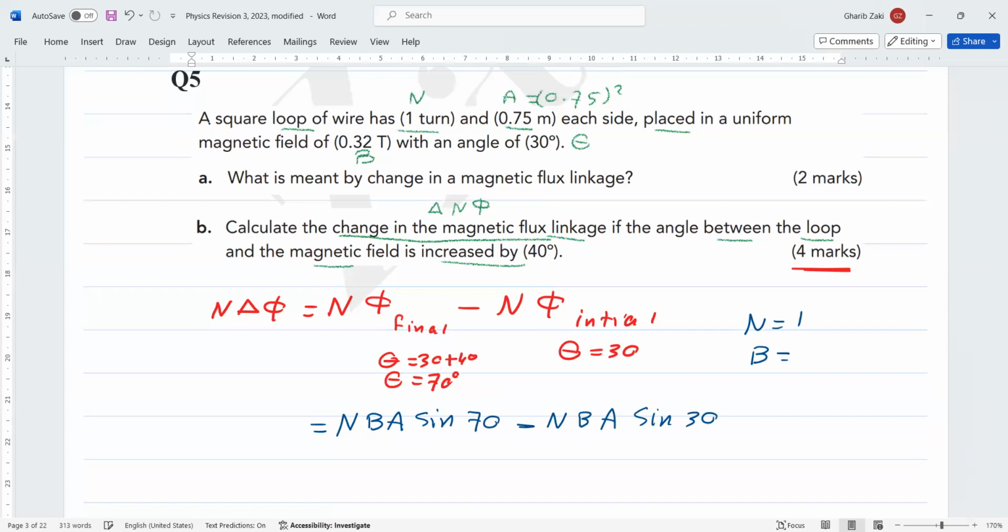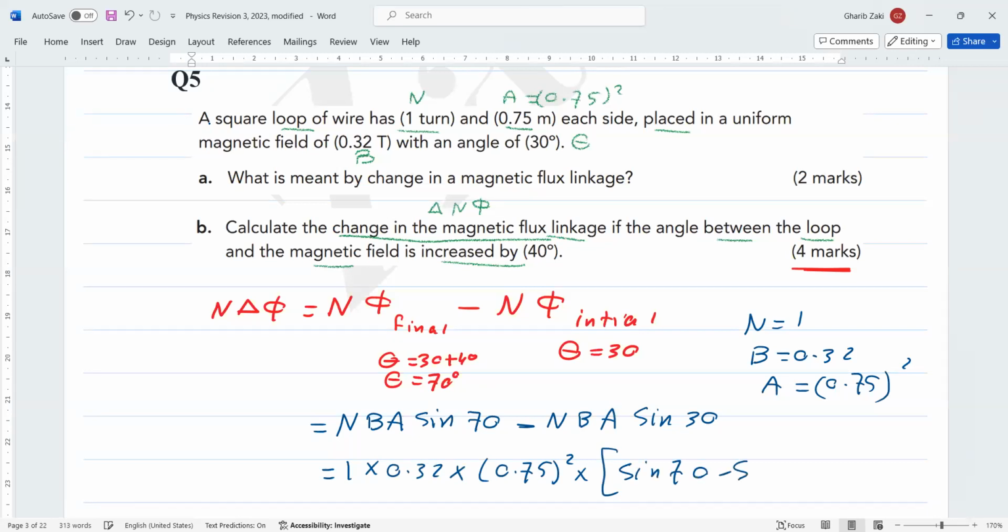What is B? 0.32. What is the area? 0.75 squared. We can take N B A as a common factor. Then it's 1 multiply 0.32 multiply the area 0.75 squared multiply open bracket sine 70 minus sine 30.